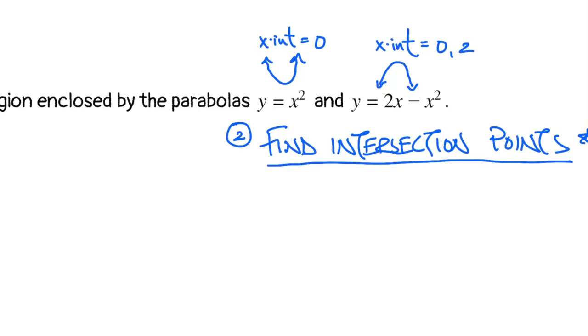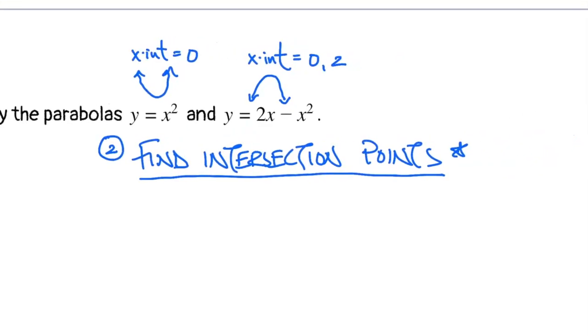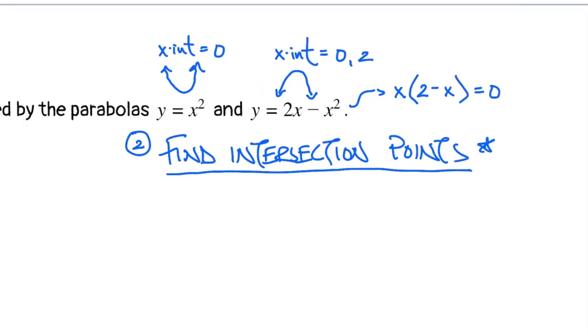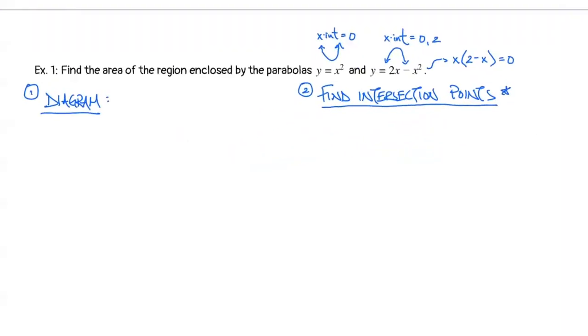All right. So if we were to take this and rewrite it, we could factor out an x, and then we would have 2 minus x, right? And what's true about all x-intercepts? Well, all x-intercepts have a y value that is 0. And so we can see from here that x equals 0 will make this true, and x equals 2 will make this true, okay? And so knowing that, let's go ahead and sketch a graph, okay?